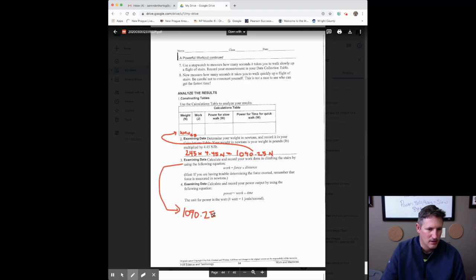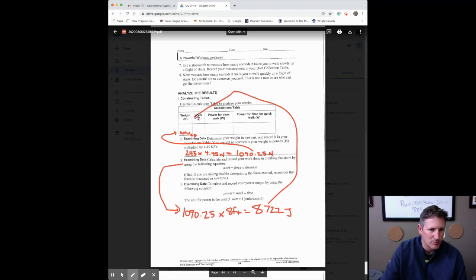So if your stairs are 10 feet, you're going to write 10 feet here, but my stairs were 8 feet. So I'm going to put 8 feet here, and I get 8,722 joules. So that is my work. That number right here is going to go into this box here.